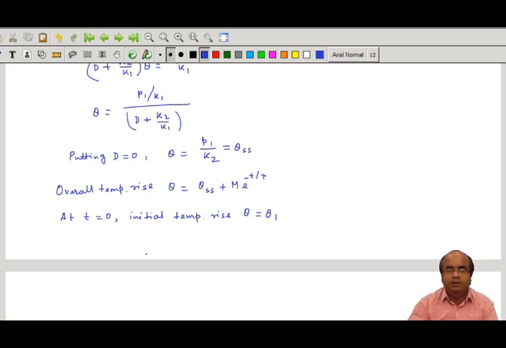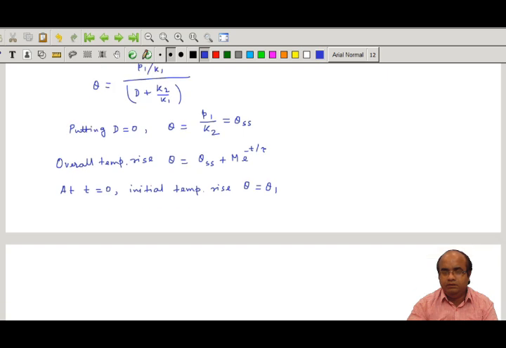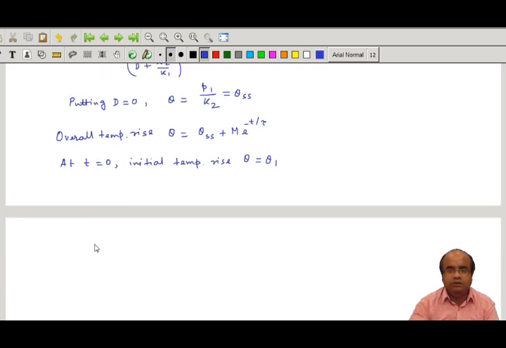Then putting this value, I am writing theta 1 equals theta SS plus m, that is m equals theta 1 minus theta SS.